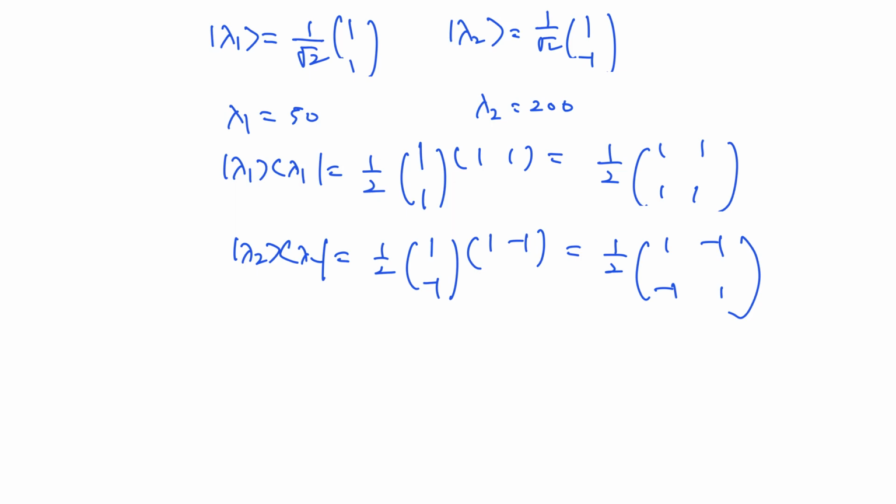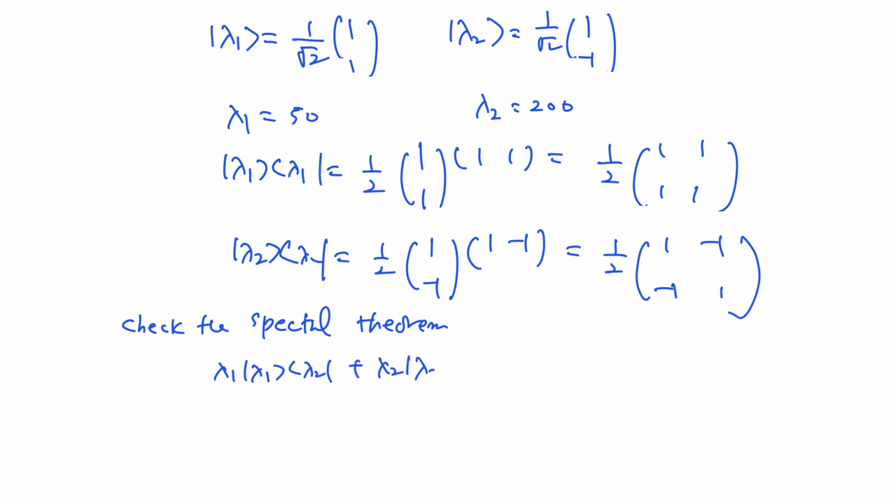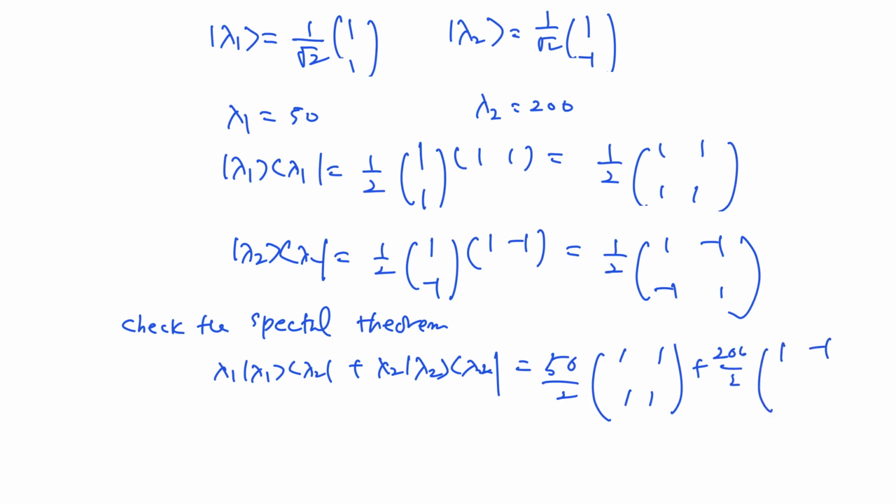Let's check the spectral theorem. 50 over 2 times (1, 1, 1, 1) plus 200 over 2 times (1, minus 1, minus 1, 1).